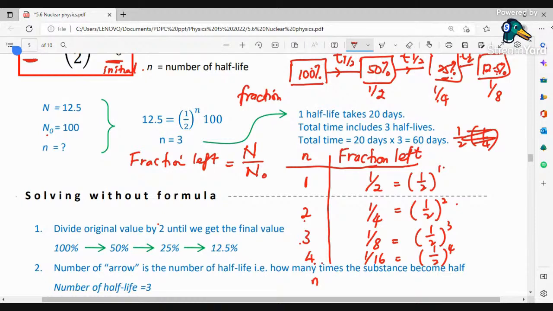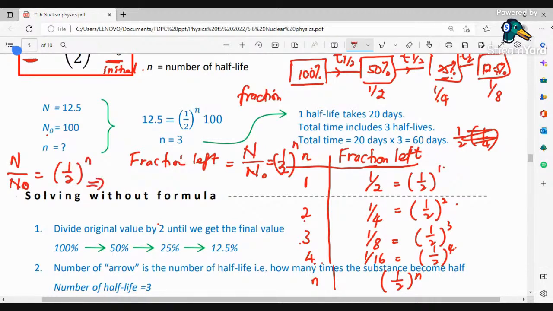Kalau 4 ialah half power 4, maksudnya after n half-life, dia akan jadi half power n. So the fraction left N/N0 equals to half power n.